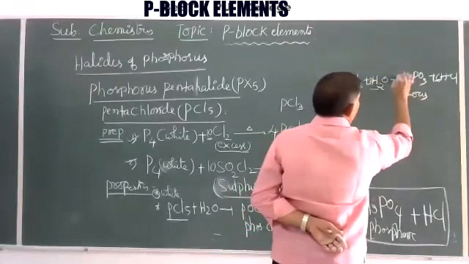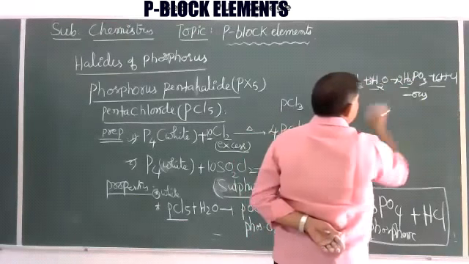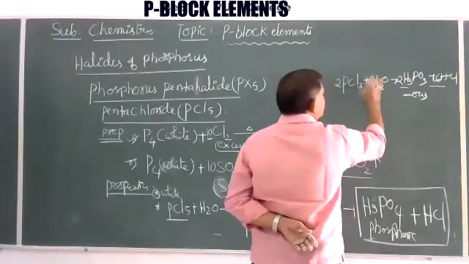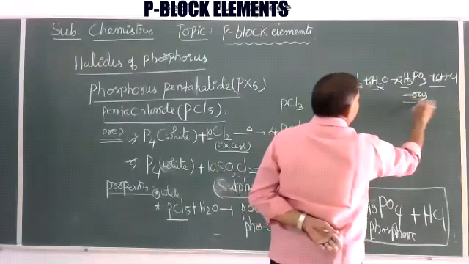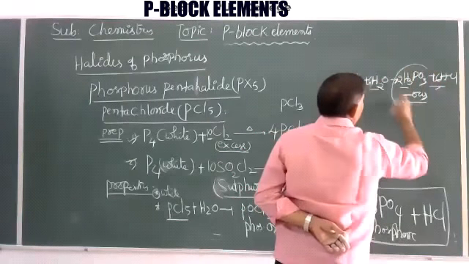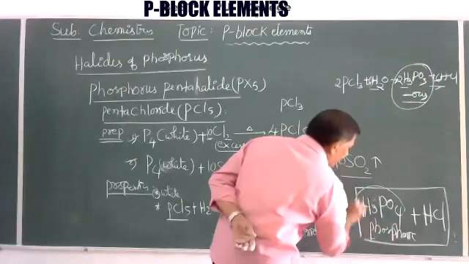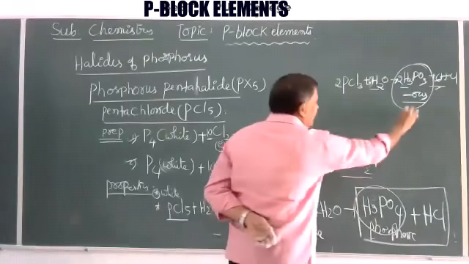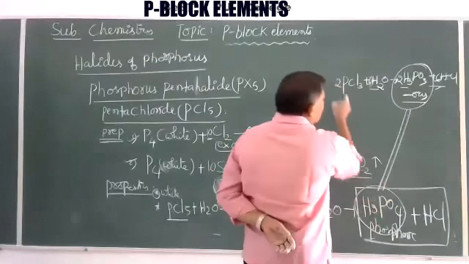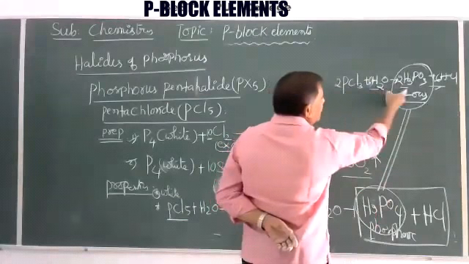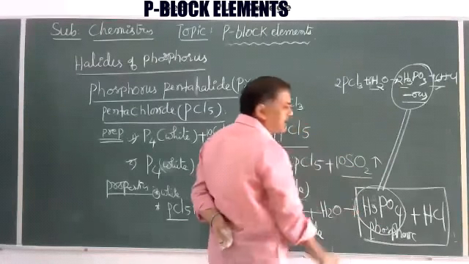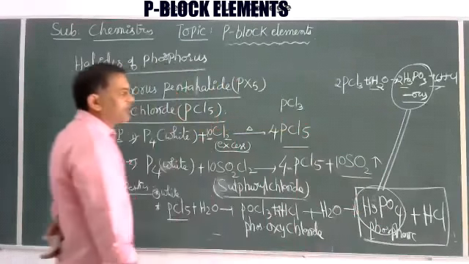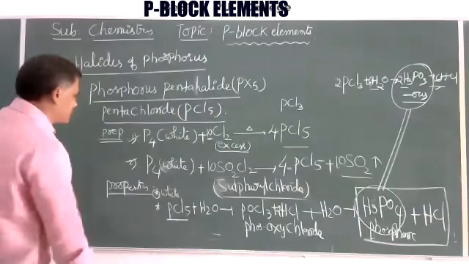Take 6 moles, now we'll get a total of 6 HCl. That's the difference: PCl3 gives the ous acid, PCl5 gives the ic acid. Phosphorous and phosphoric acids.